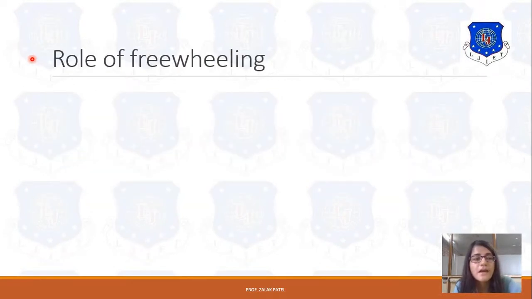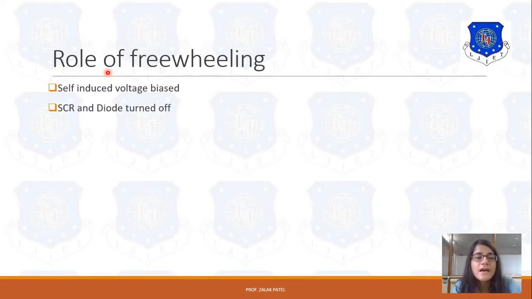Before discussing that, let's discuss the role of freewheeling for this circuit. The self-induced voltage is biased because of freewheeling, and the SCR and diode are turned off. If you see the last slide, the SCR and diode are turned off in case of freewheeling action, that is in mode 2 and mode 4.